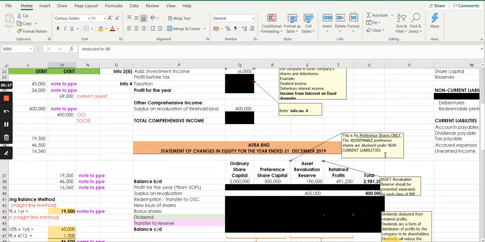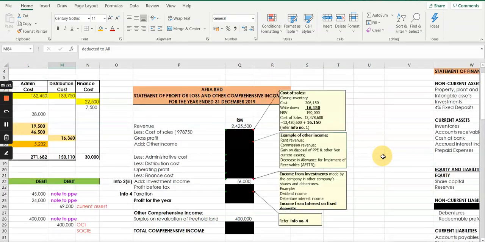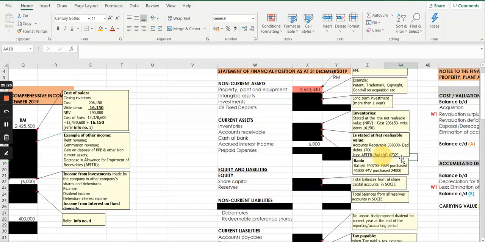We will check your SOPL in a short while. In your statement of financial position, in the asset section, your account receivable will have to show 329,868.